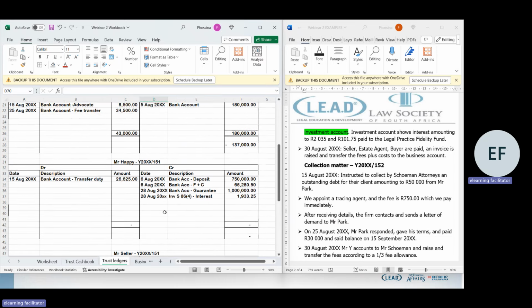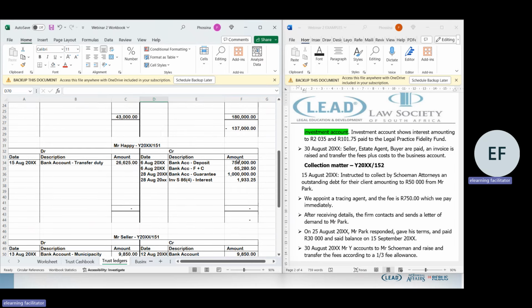Let's record that. So we start with Mr. Happy. So Mr. Happy, you can see he's got 1.7, which now on 30 August, now that the property has been registered in his name, we can now move it, or we're supposed to do it on the 28th.